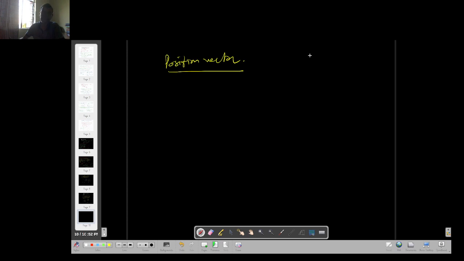This is my coordinate system: say it is the x-axis, the y-axis, and the z-axis. Let us assume that the unit vector along the x-axis is represented by i cap, along y by j cap, and along z by k cap. A particle will be here.